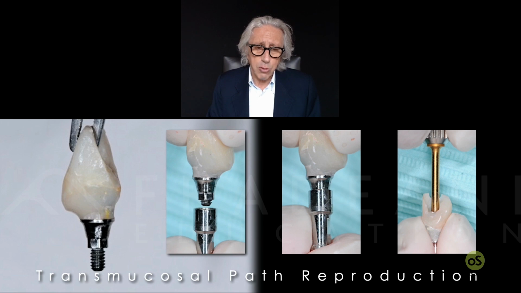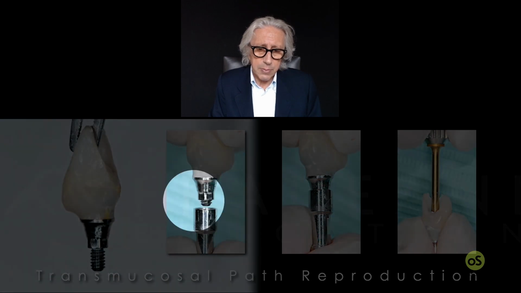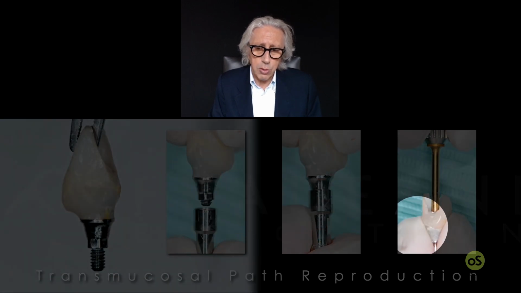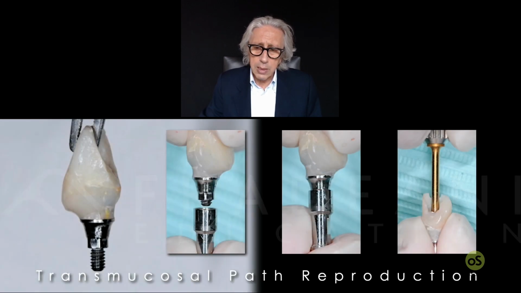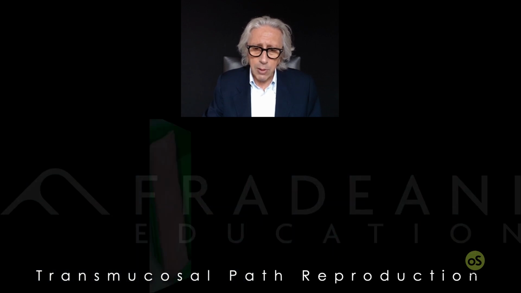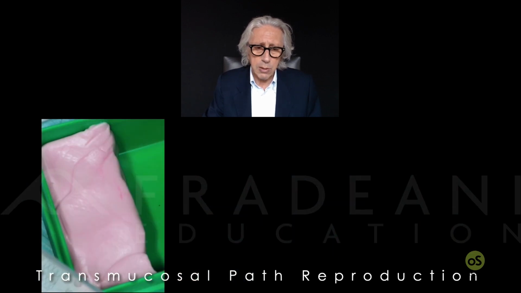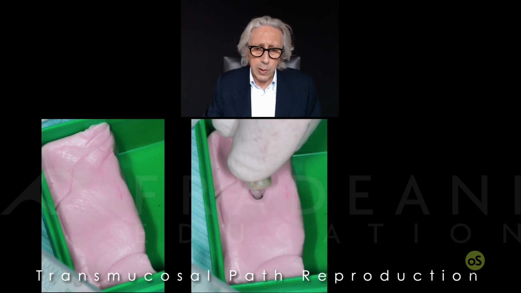We removed the provisional from the patient's mouth, put the provisional on the replica of the implants, and screwed this provisional onto the replica. It became like one piece. We positioned it into the putty. The putty was created.